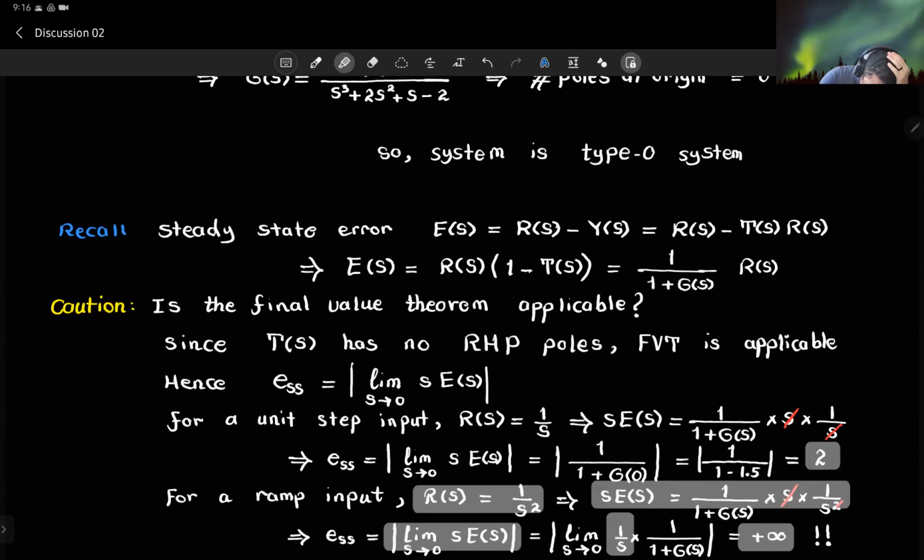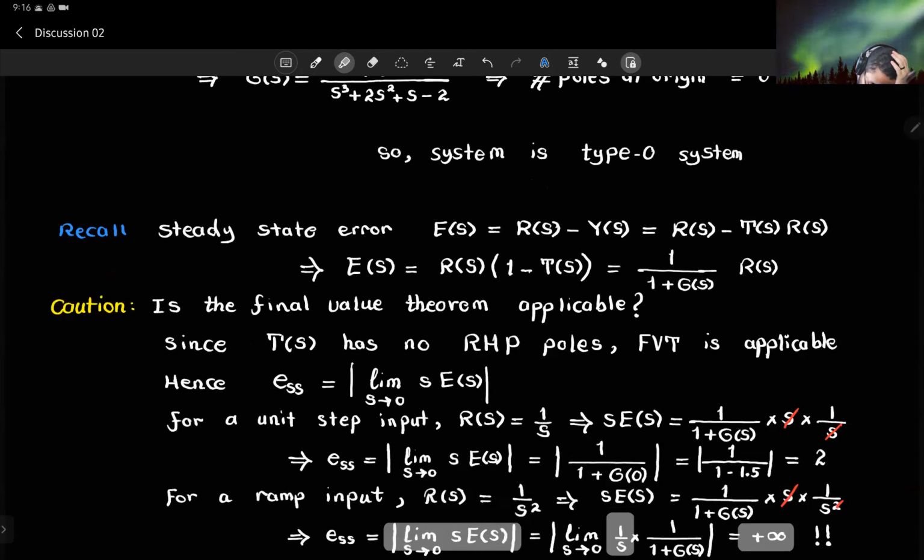So the limit of that as s goes to 0 is just going to be equal to 1 over 1 plus G of 0, right? So the absolute value of that.